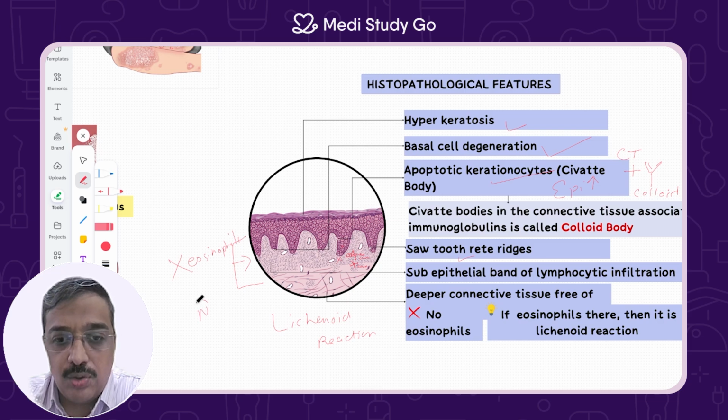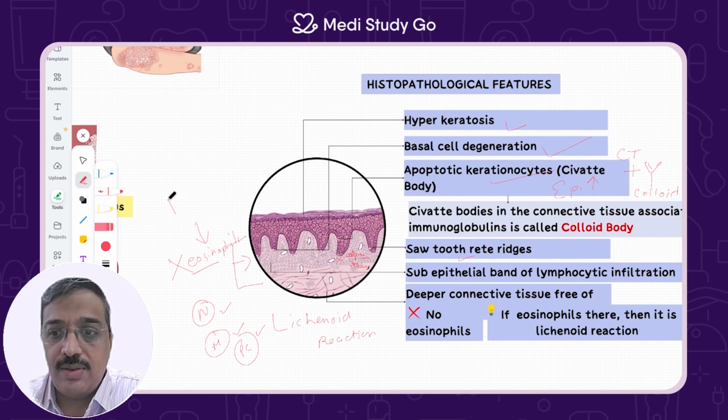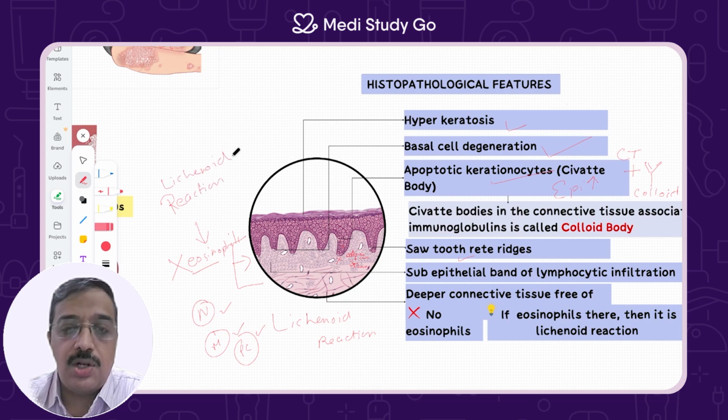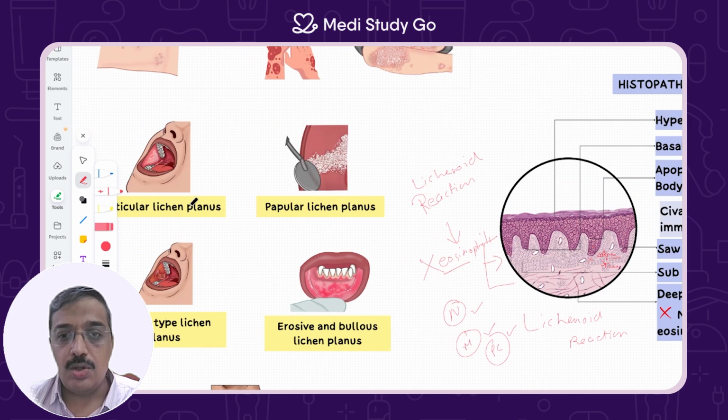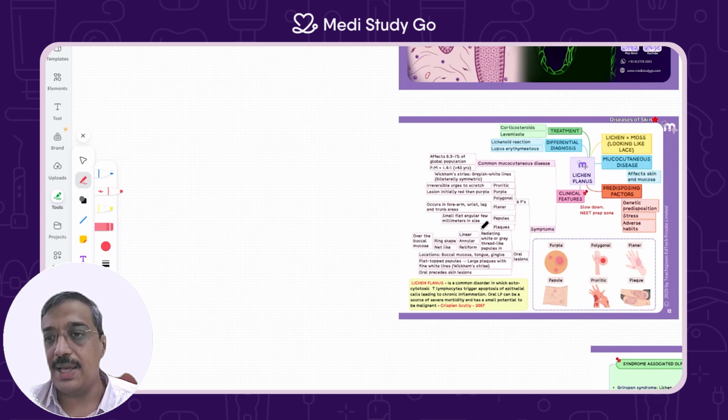You can have neutrophils, macrophages, plasma cells, but you should not have eosinophils. When there is a presence of eosinophils, you tend to look for a differential diagnosis of lichenoid reaction instead of lichen planus. So that will be one of my differential diagnoses for lichen planus.